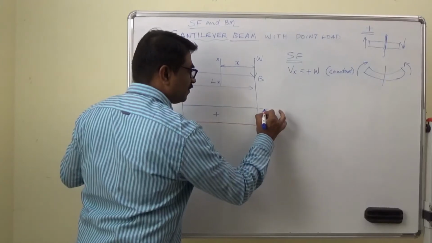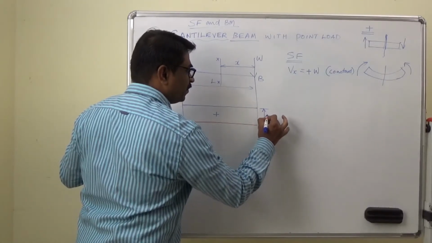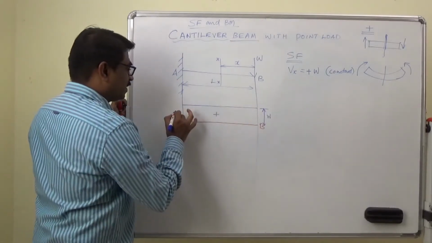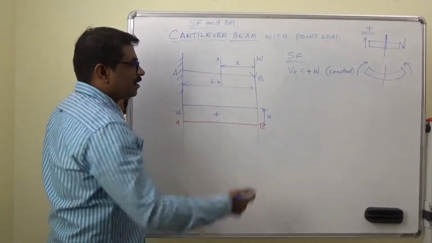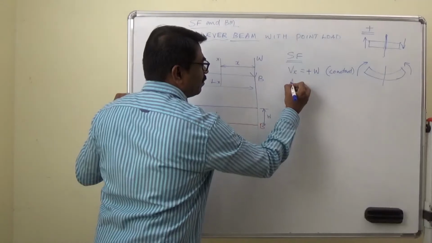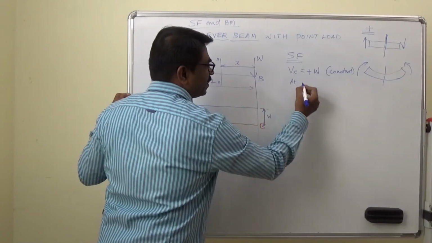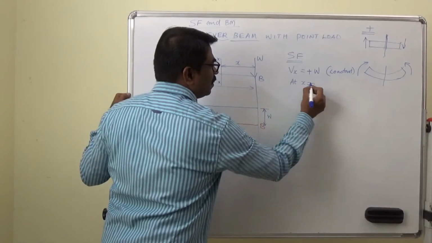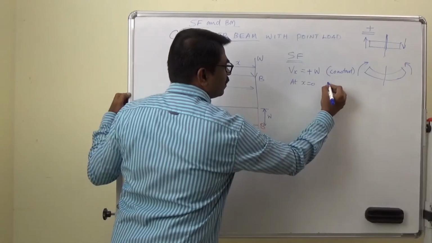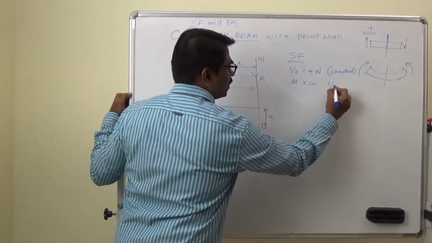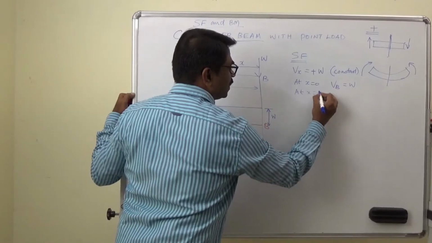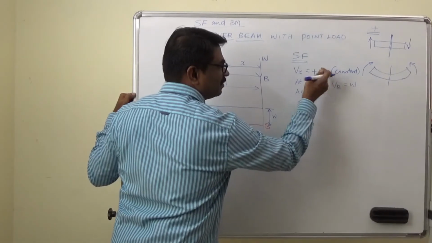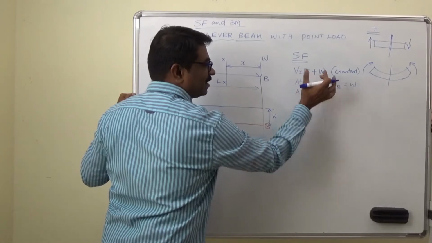So what is the value? Value is W. At this end also it is W. So if you just apply boundary condition at x equal to 0, we have VB equal to W. At x equal to L, there is no x term in this function, it's a constant.